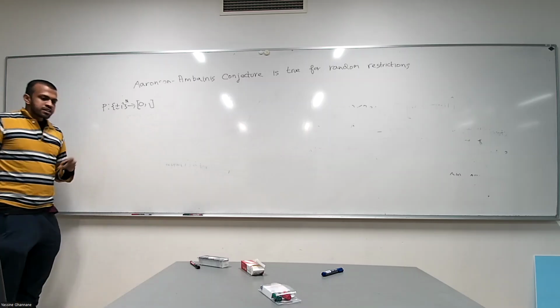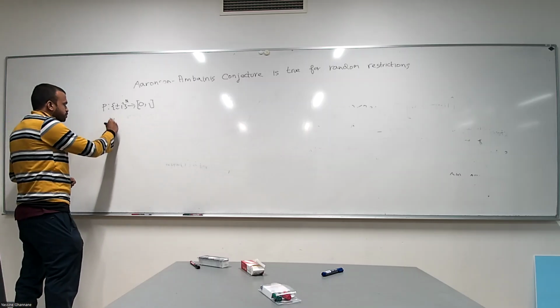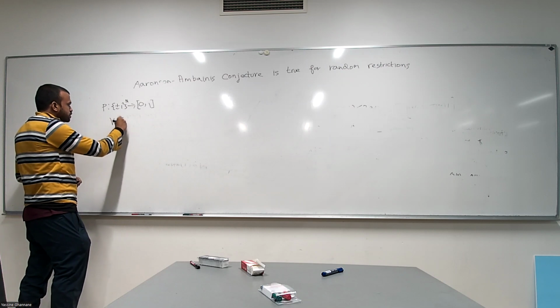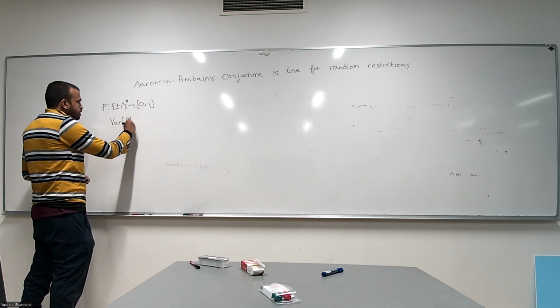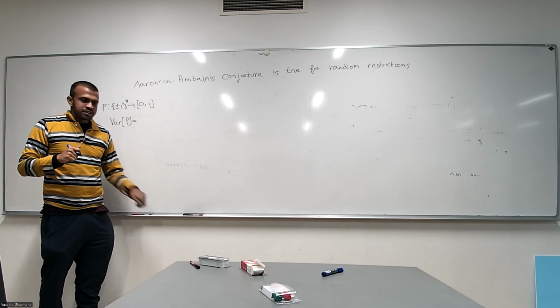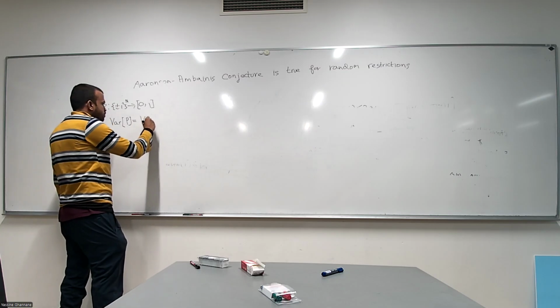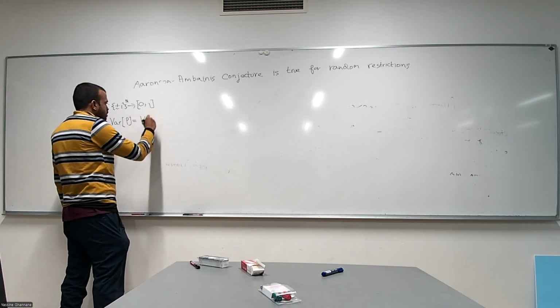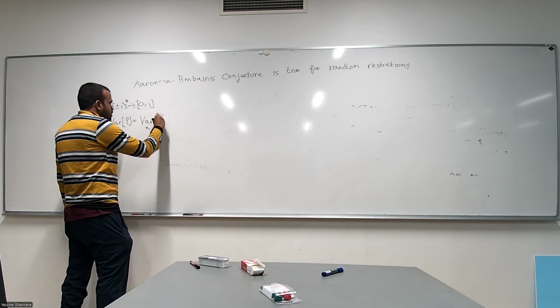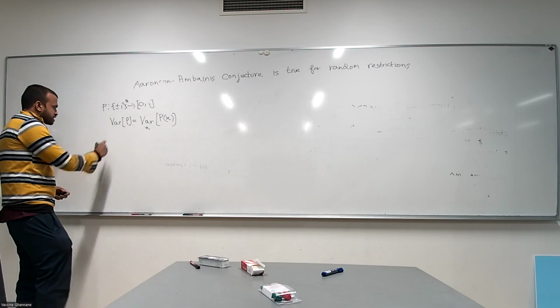Now there will be two quantities that are important for us. We first define the variance of P. This is just the variance of the random variable P of X when X is sampled uniformly at random. And we'll need the notion of the influence of a coordinate.